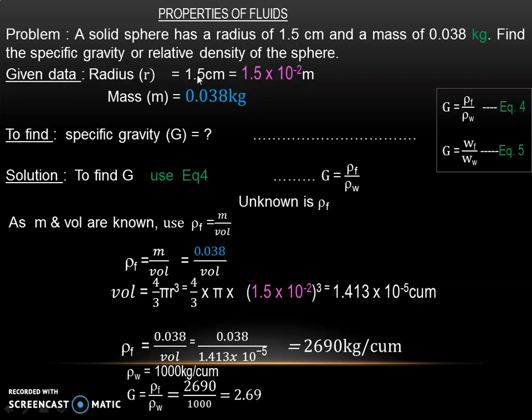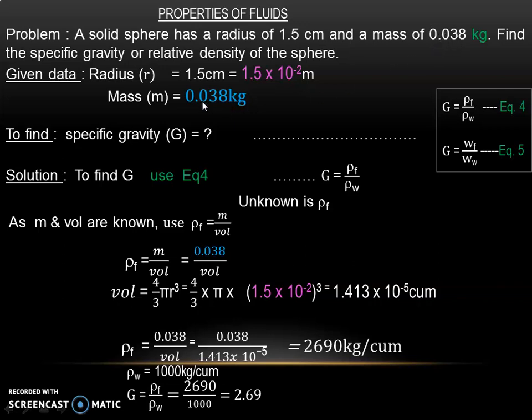Radius, which is equal to 1.5 cm. This is the radius of the sphere. Since it is in terms of centimeter, we will convert it in terms of meter. Let all the values be in terms of meter. So 1.5 centimeter is equal to 1.5 into 10 raised to minus 2 meter. And which is the next term given? That is mass.